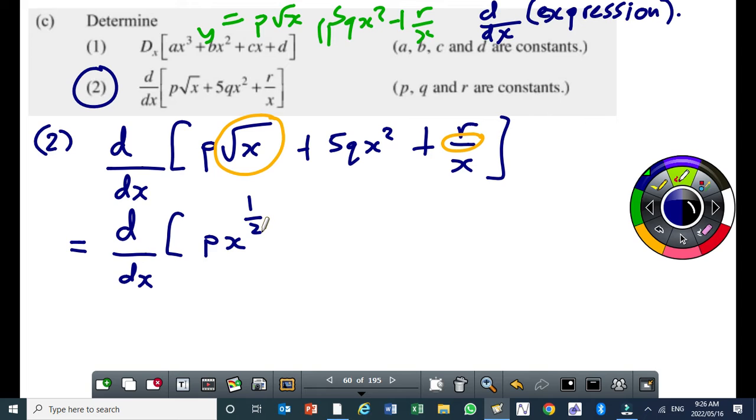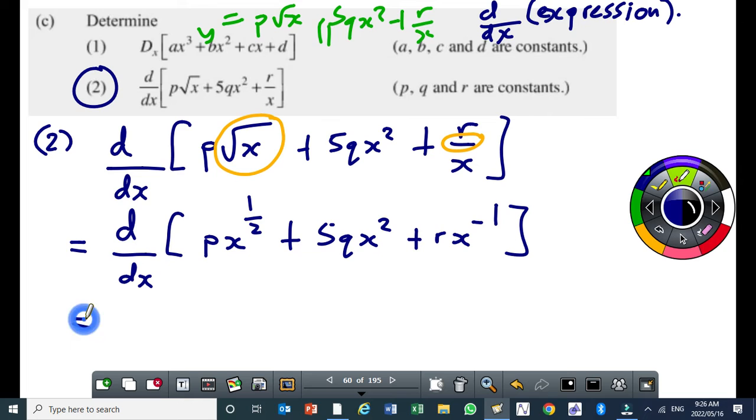By now, you should know that the square root of x is similar to x to the power of a half, plus 5qx squared, then that one becomes plus rx to the power of minus 1. Okay? Right? So it's 1 mark to get that expression, removing the root signs, removing the division line.